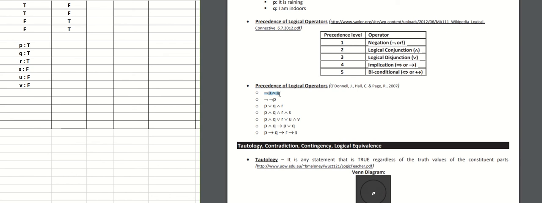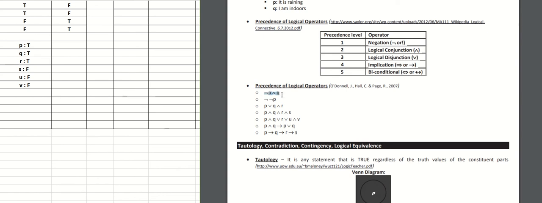We have not P and Q. We have two operators, the negation and the AND operator. Based on the precedence level, we first get the negation before the AND operator, which is the logical conjunction. Therefore, we first get the truth value of not P before we get the value of AND Q.